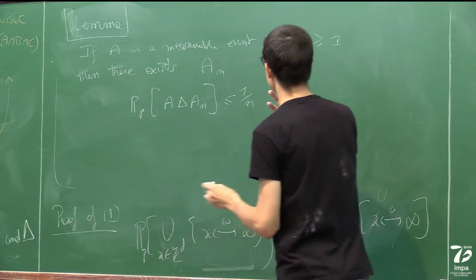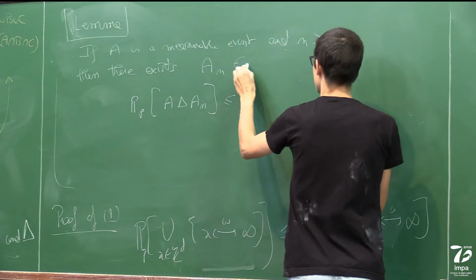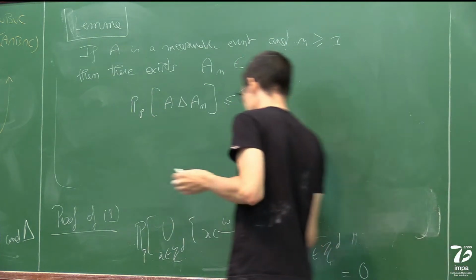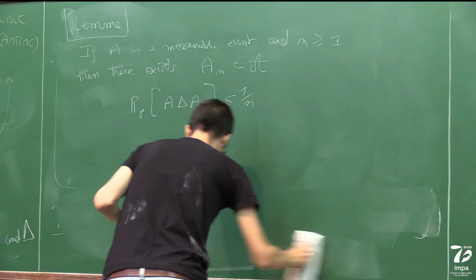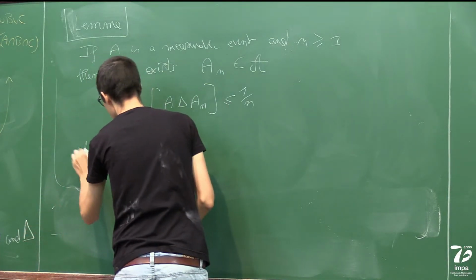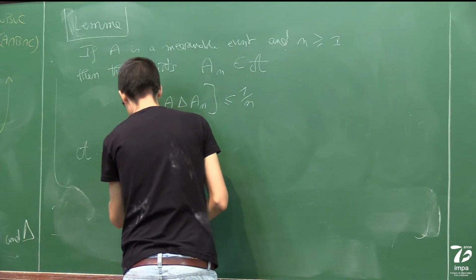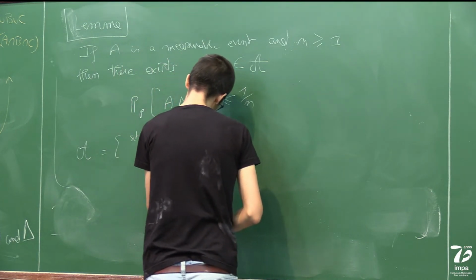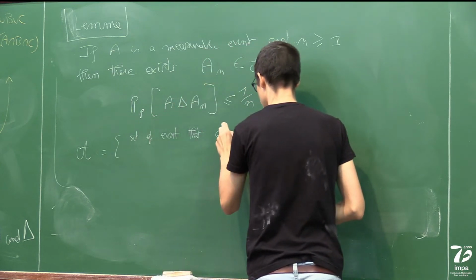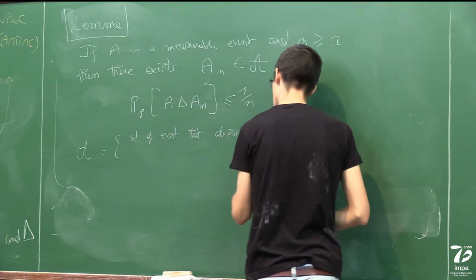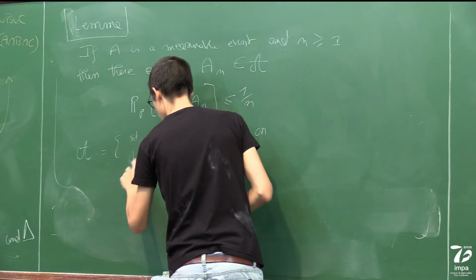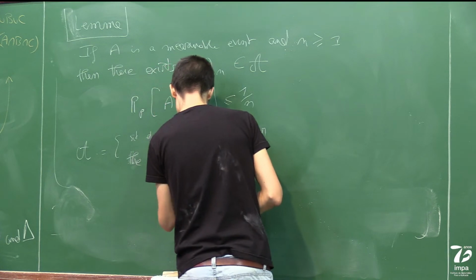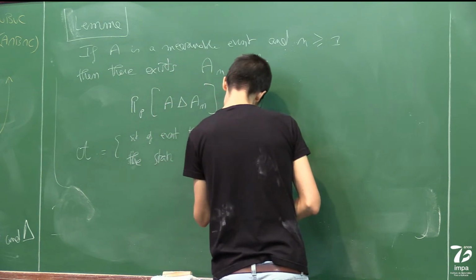So there exists A_n in ᴬ, where ᴬ is the set of events that depend on the state of finitely many edges.